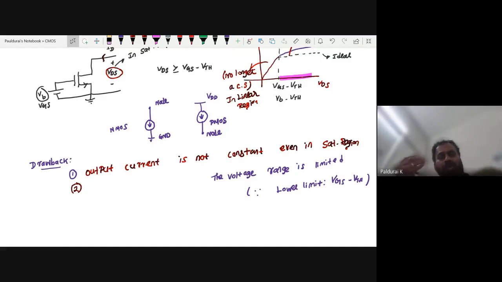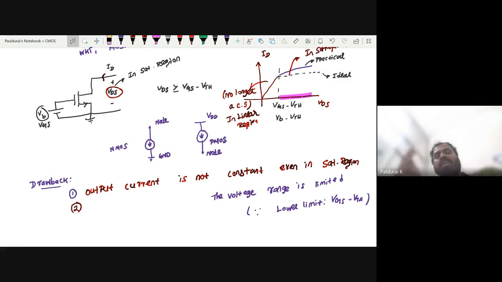So where did we start? With the constant current source. I want to give 3 observations. Observation 1 we already know: the practical current source, that we know how to build, either using NMOS or PMOS. But what's the drawback in a practical current source? If you use NMOS or PMOS, the very first drawback is that the current is not constant even in the saturation region.